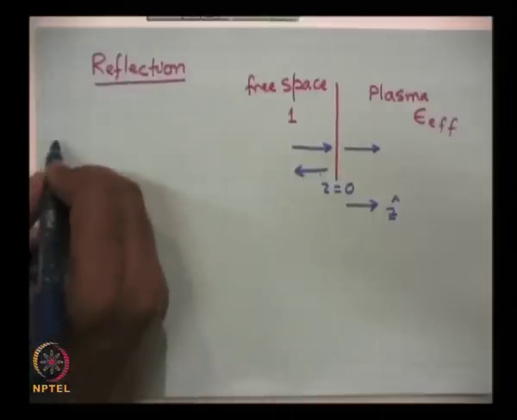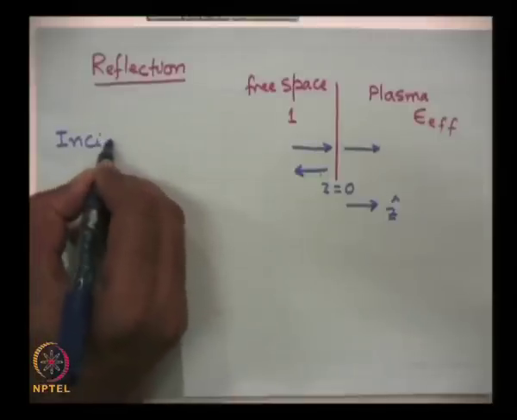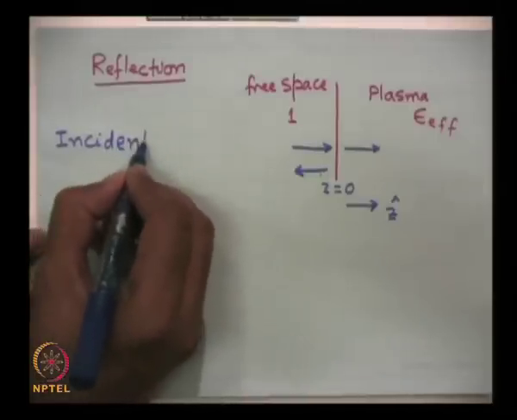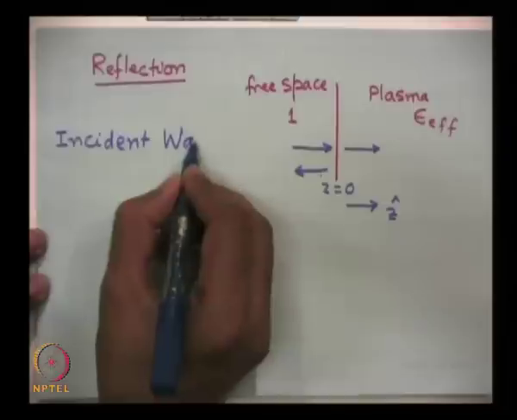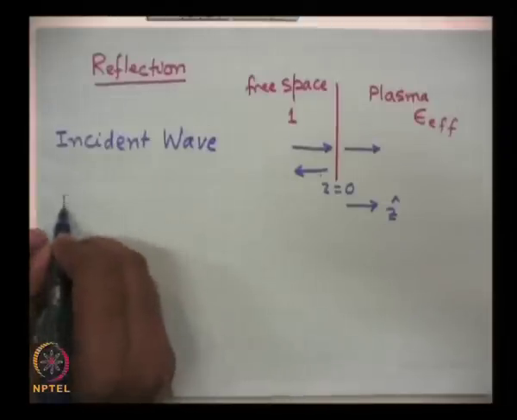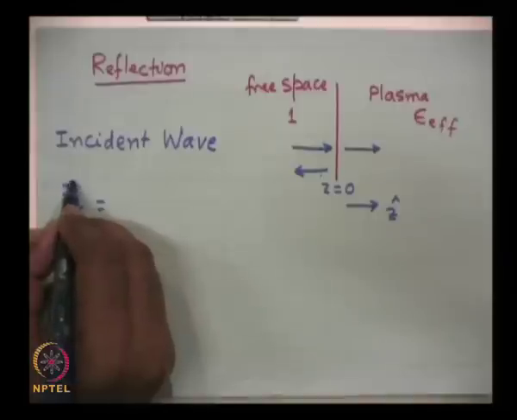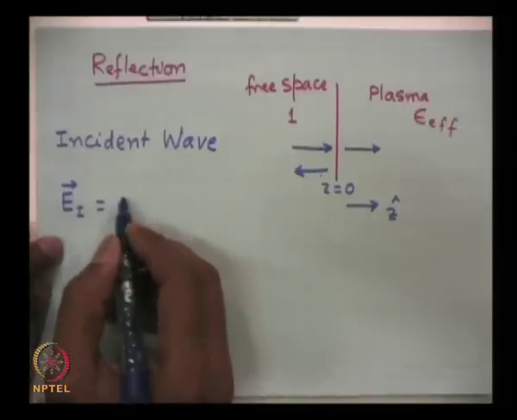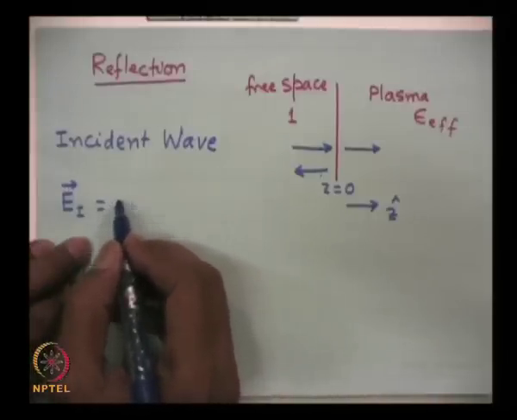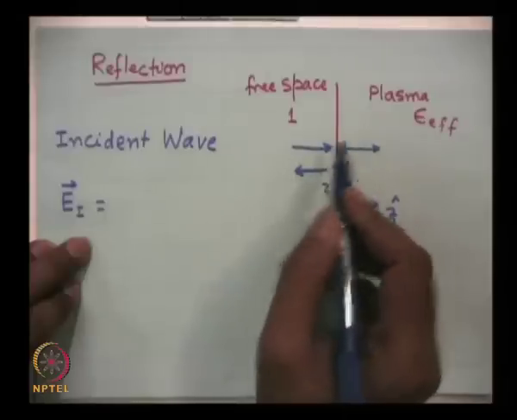So, the incident wave, E incident, is equal to, let me take this wave as polarized perpendicular to the direction of propagation.